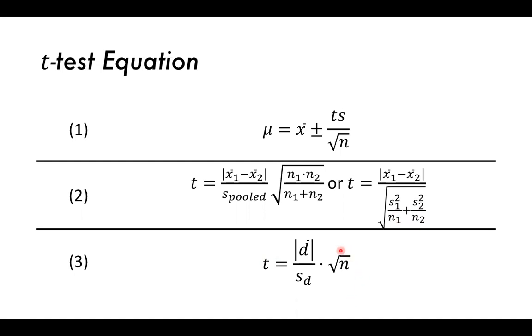Then the third one here is whenever we're doing the paired data calculations. So this is going to be T is equal to the absolute difference of the data from the two samples, and then that's going to be divided by the standard deviation of the difference times the number of measurements. Again, we'll see an example of how this is utilized in a moment.